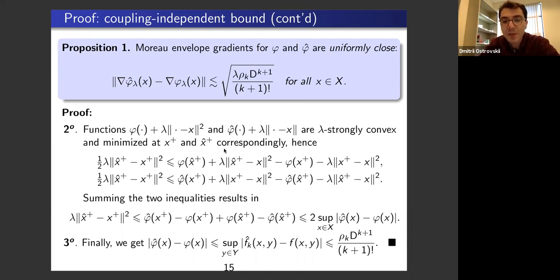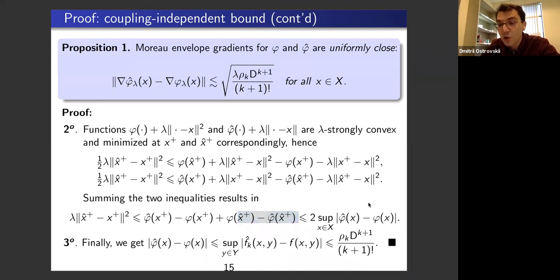And x plus and x hat plus are their corresponding unique minimizers. Okay, so then you write these conditions, you add up the two inequalities, and this allows you to upper bound the squared norm of the difference between x plus and x hat plus in terms of simply the function values.